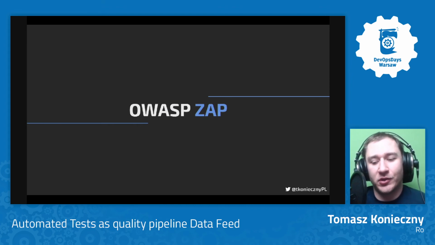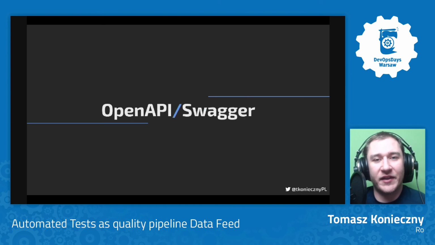But today I will show you one of the options that's based on OpenAPI or Swagger manual. So it's basically possible to use OpenAPI or Swagger-based documentation as input for OWASP ZAP, and it will scan the application based on this manual, based on these provided endpoints and settings, etc.